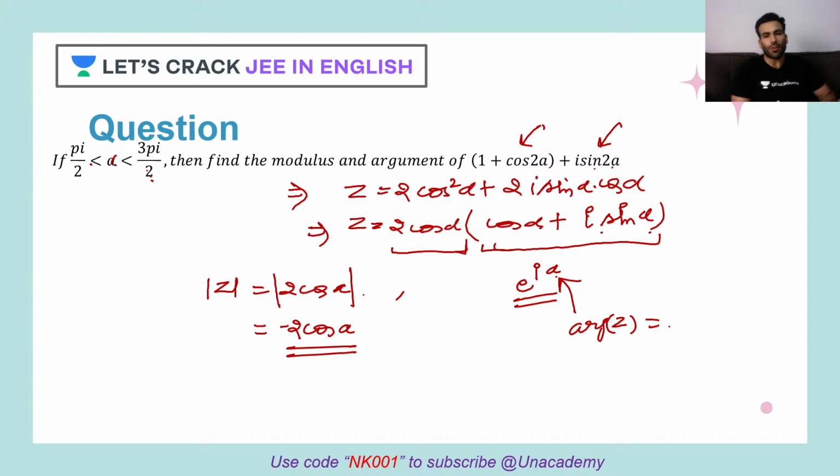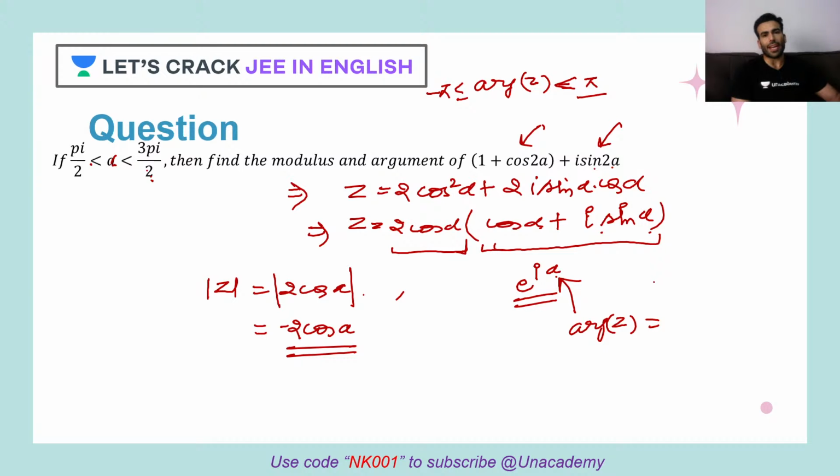Can you write it? I know you would directly write alpha, but see, the argument of any complex number varies from minus pi to pi, right? Now just imagine if your alpha is in the second quadrant. So if it is in the second quadrant, I can write it as it is.